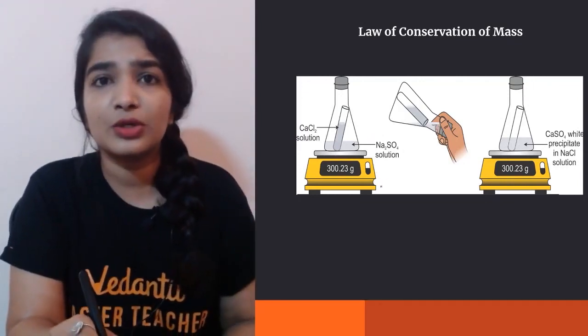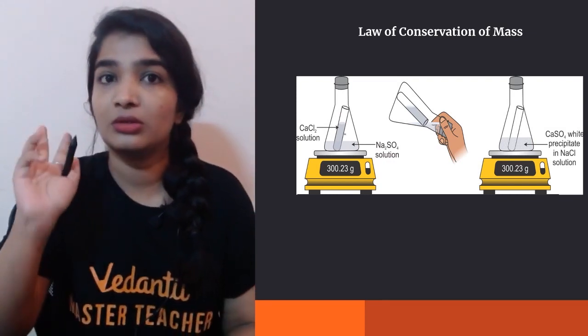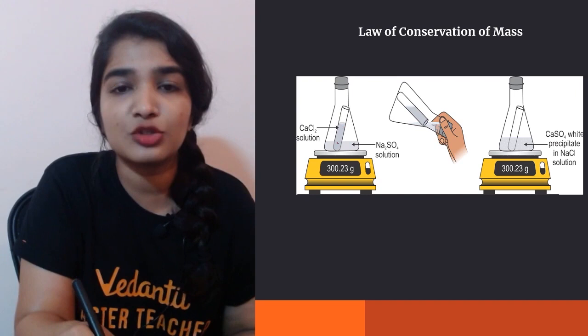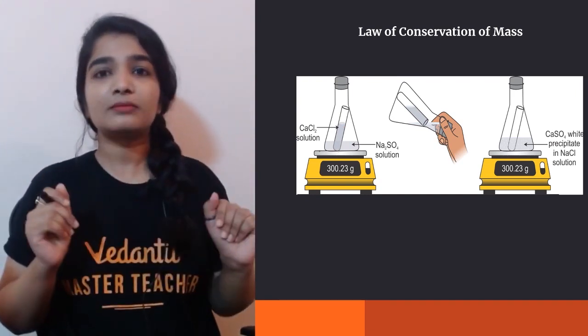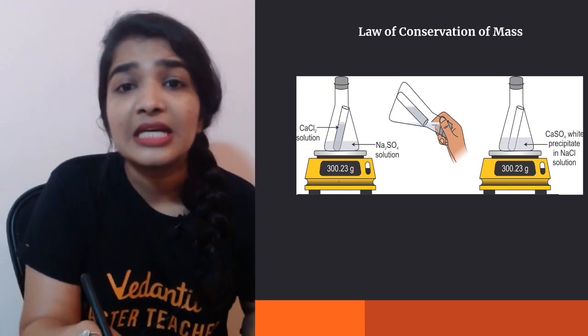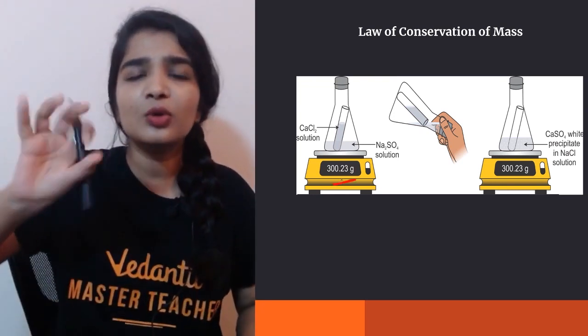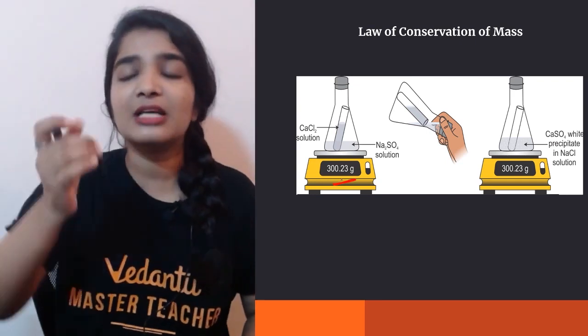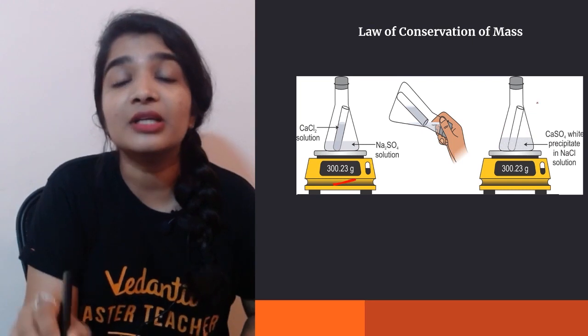Not only that, you take CaCl2 plus Na2SO4. Here we have not mixed the two reactants. One has been taken in a test tube, carefully placed, and this is in a conical flask. Then you weigh it, it is 300 grams. Then you just have to shake the conical flask so that the reactants are mixed properly, and then there will be a reaction.